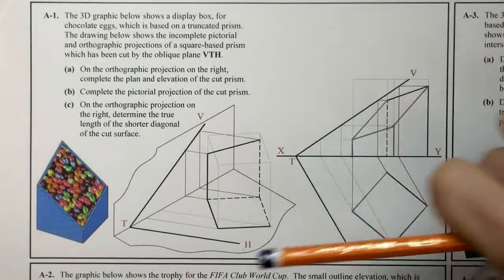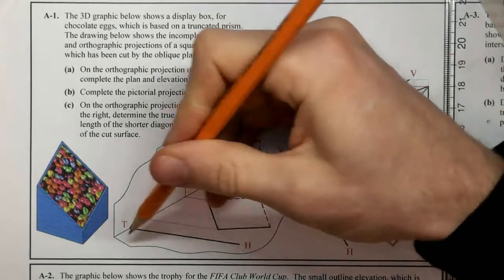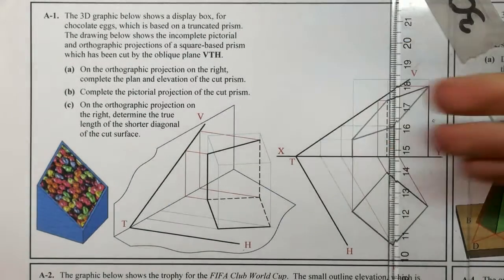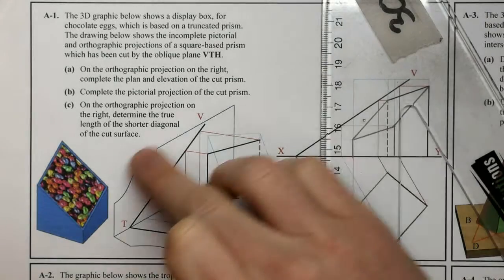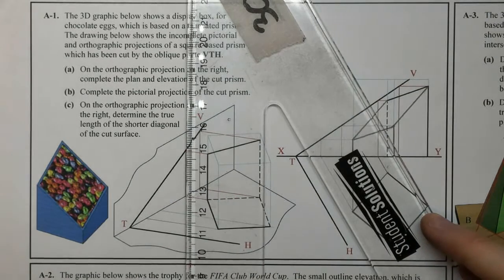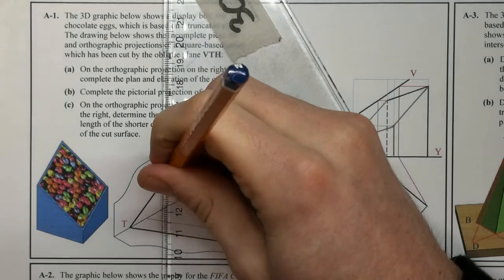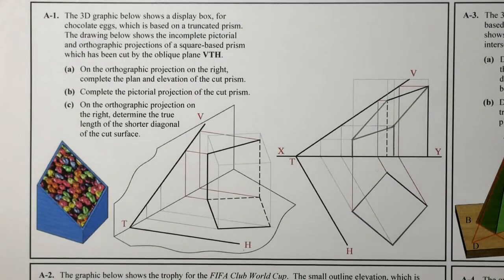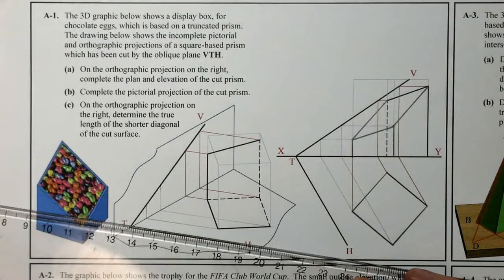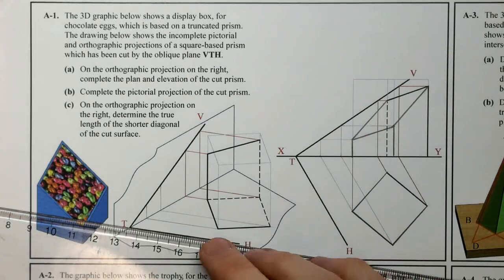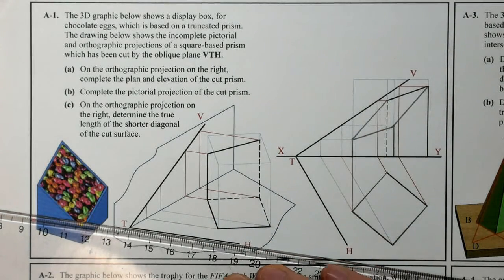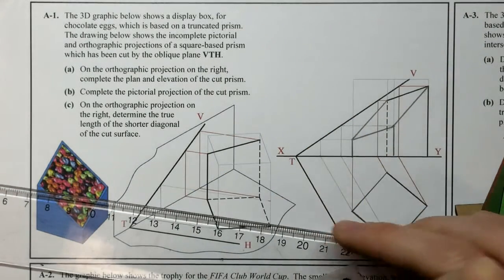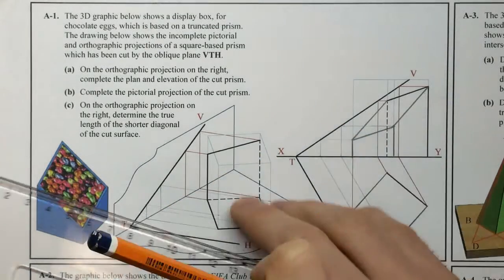Then it runs vertically in the elevation, which is on the vertical plane. So here's our vertical plane, and we're going to run vertically, parallel to those edges, until we hit our VT, and then a horizontal line again, so back parallel to our HT to that edge and to that edge.